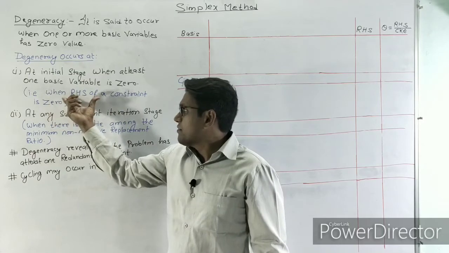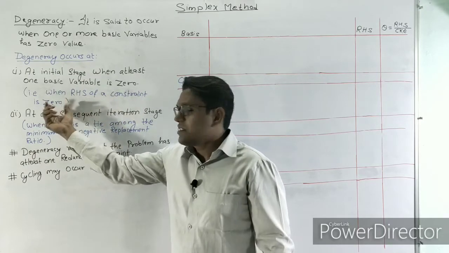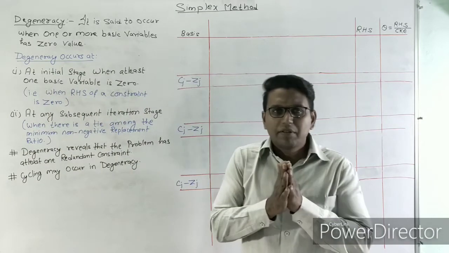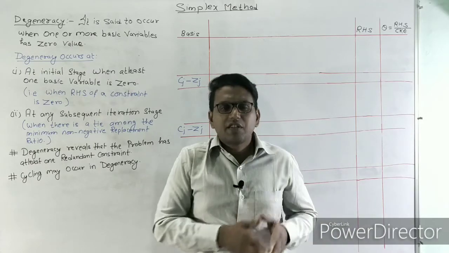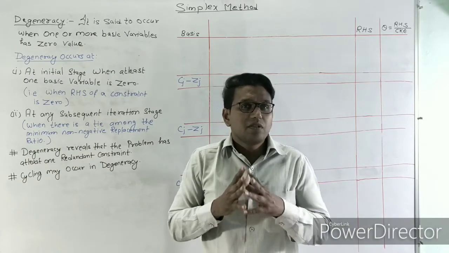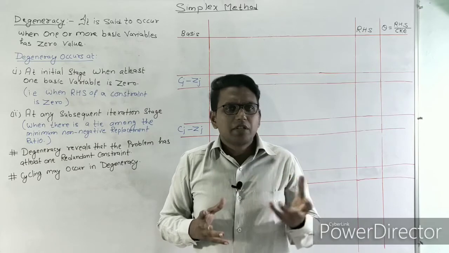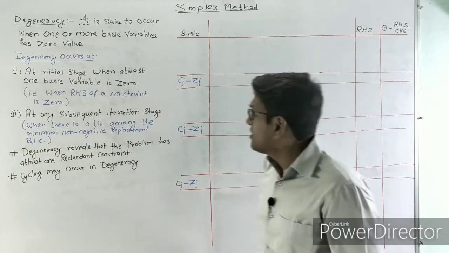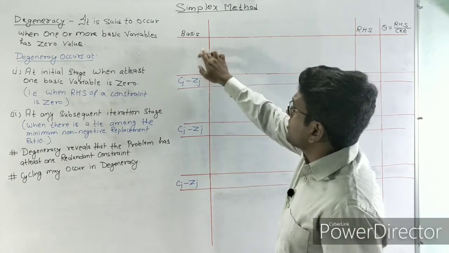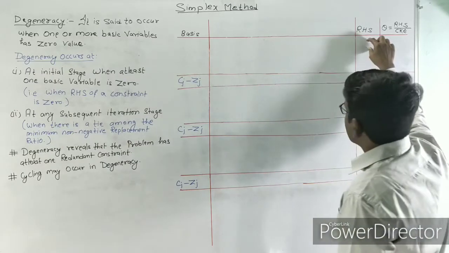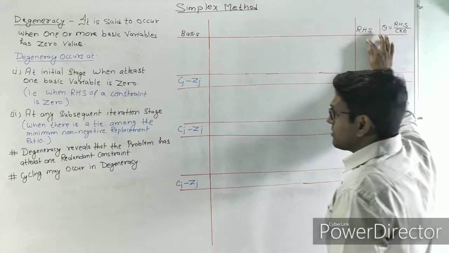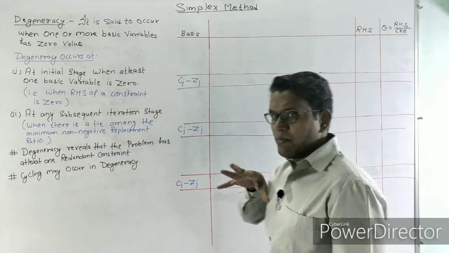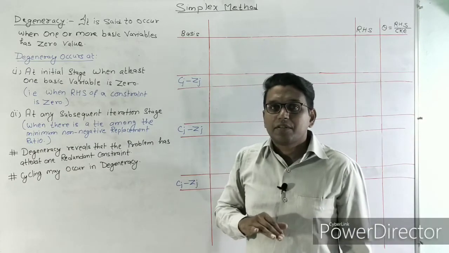It can be understood that this happens when the right hand side value of the constraint is 0. So basically, in our constraint equation the right hand side value is given as 0. In that type of problem we can see that at least one of the basic variables will have 0 value. That means our problem is degenerate.